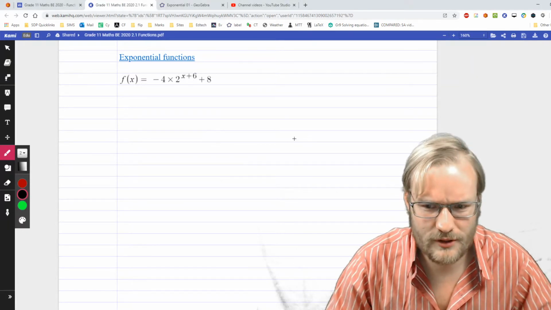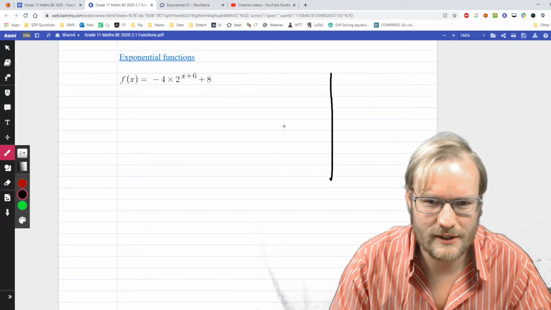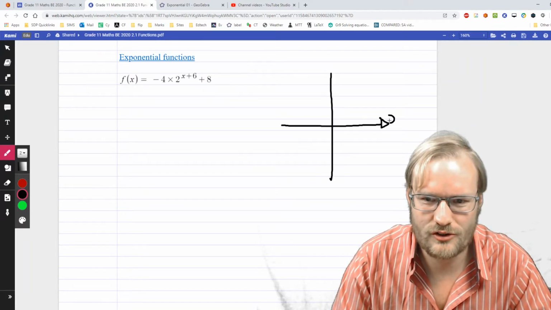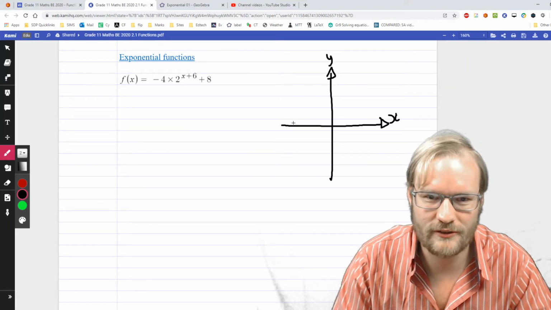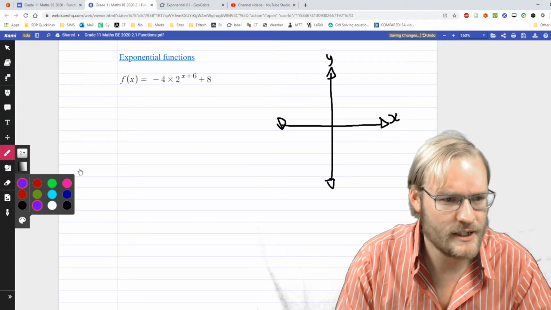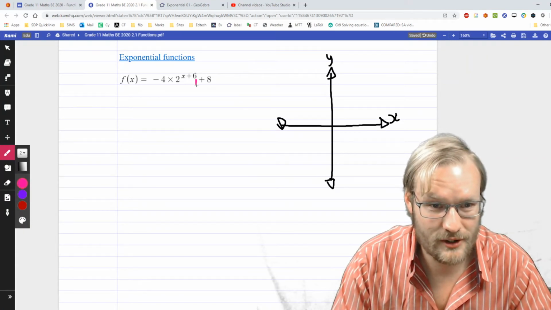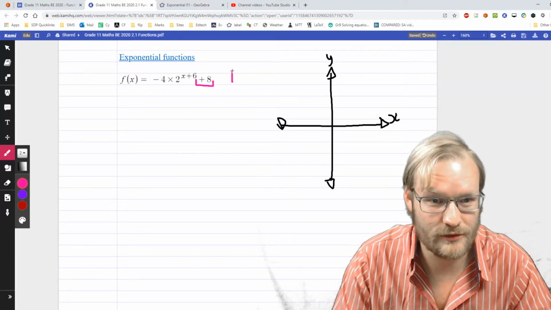Okay, so for this function, I always say let's have our axes ready to go so we can jot down these crucial bits of information. Asymptotes, asymptotes, asymptotes. Always our starting point. This value here says that we're moving the graph up by 8.